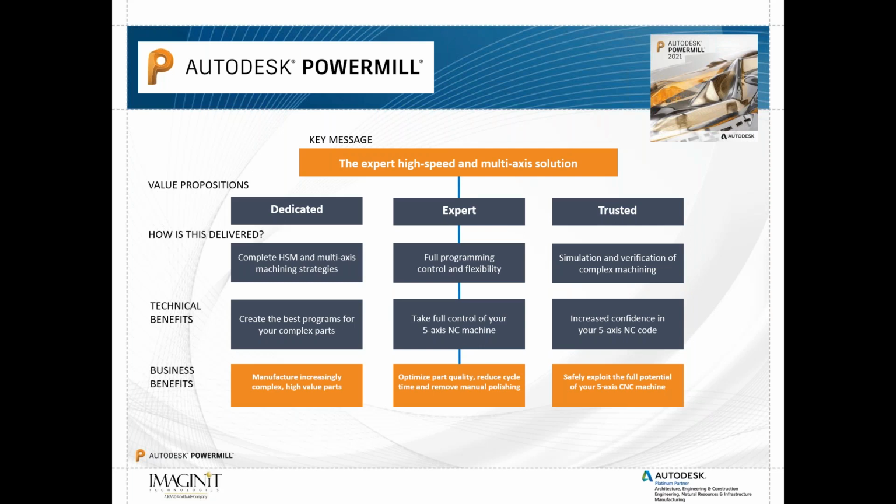When you go to simulate, you can do a full machine simulation, which includes the stock, the fixturing, but also the table, the head, the walls, everything in that machine, simulated together really smoothly. This allows you to confirm that there are no collisions between the shaft and the holder, but also that there aren't collisions between the head of the machine and your workpiece or your fixturing, especially in a 5-axis operation.